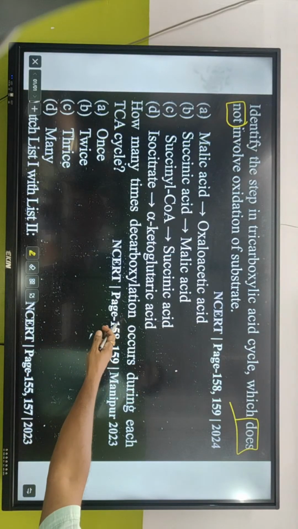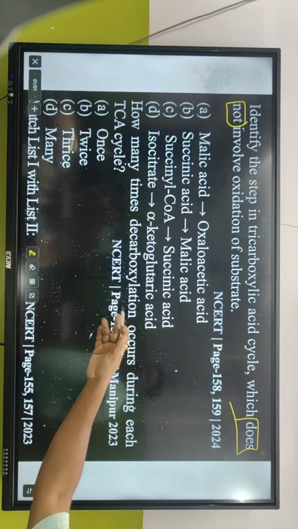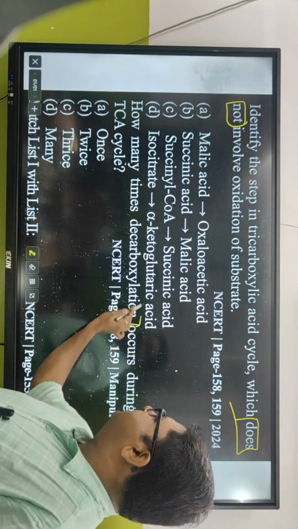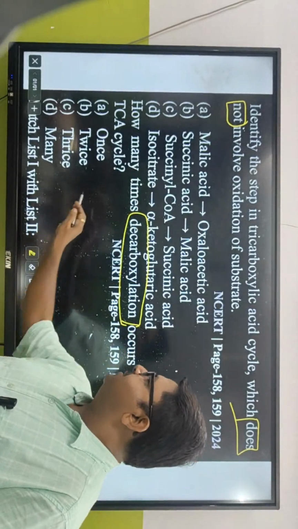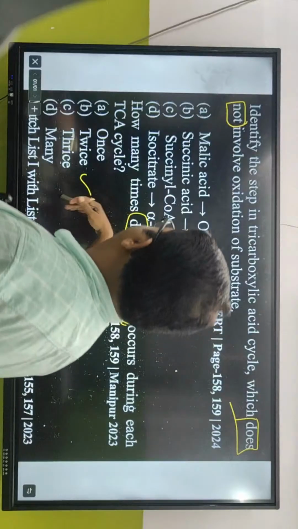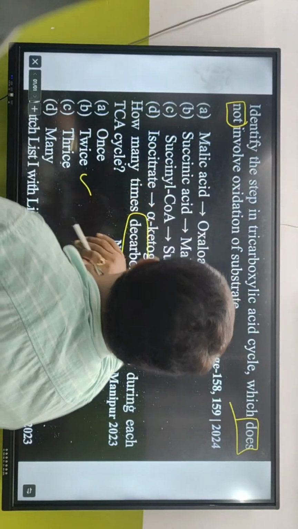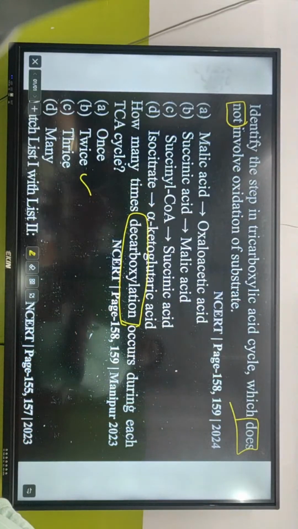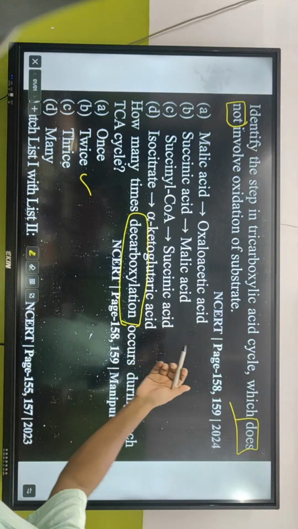How many times does decarboxylation occur during each TCA cycle? Twice. Next, identify the step in the carboxylic acid cycle which does not involve oxidation of substrate. Malic acid to oxaloacetic acid involves oxidation of substrate.